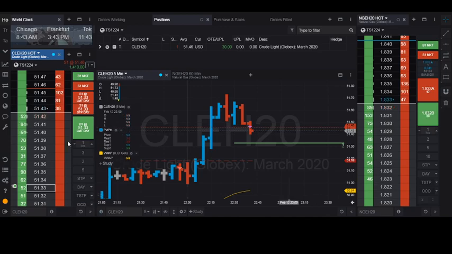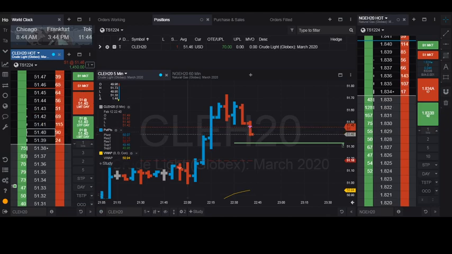There is still high volume waiting here at 51.40, and our TP is 51.33. Now 7 ticks, keep hanging over there. 7 ticks. So I will exit at 51.33. Hopefully it will touch this price level.